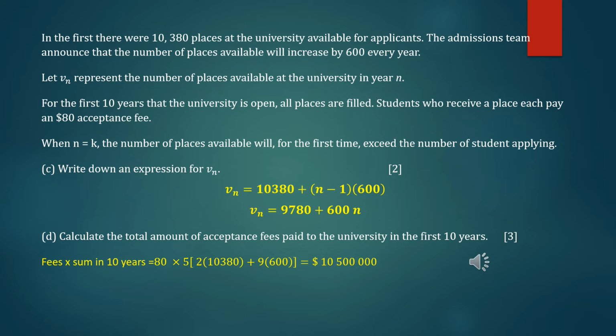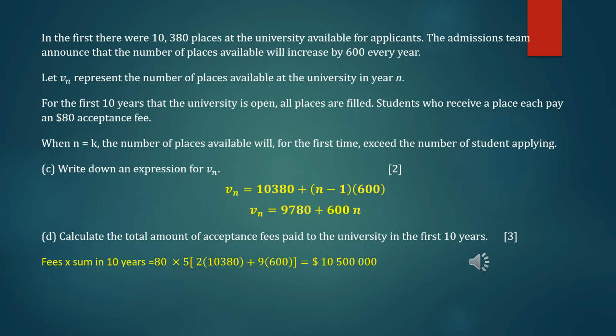For letter C, we write an expression for V sub n. V sub n, as you can see, is an arithmetic sequence problem because the increase is constantly 600 every year. It's just adding 600 every year. Go ahead and get your formula booklet and see how to express the term in an arithmetic sequence. Anyway, the solution is here.